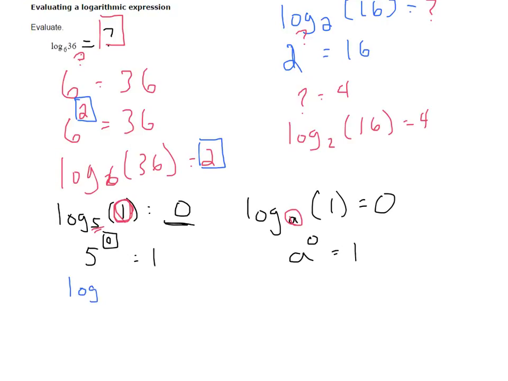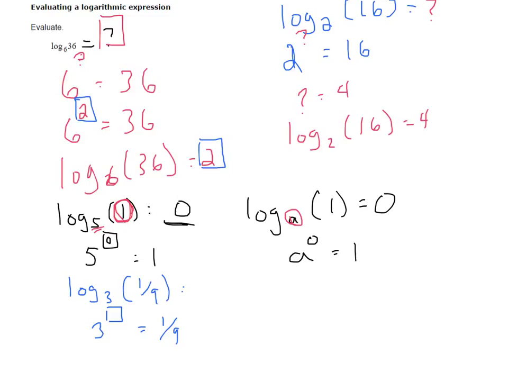So we could take a look at maybe something with a negative exponent. Log base 3 of 1/9 equals, and again, if this confuses you, you can rewrite this as an exponential equation: 3 to what power equals 1/9. You may at first think 3 to the second power is 1/9, but no, 3 to the second power is 9.